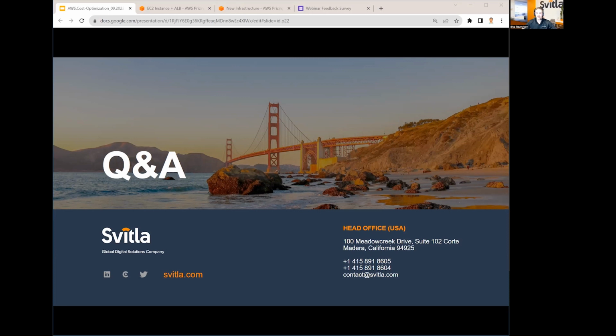Next question: are there immediate cost-saving opportunities for businesses when they transition to AWS? Good question. There are several. At first, as I mentioned, at the beginning of your AWS cloud migration journey, you may use free tier services.